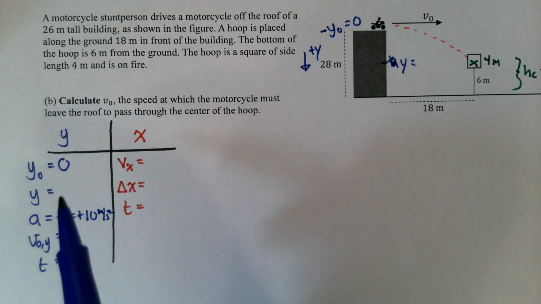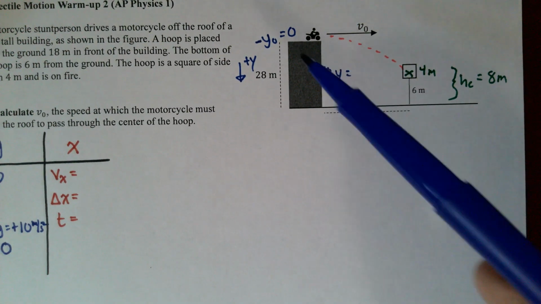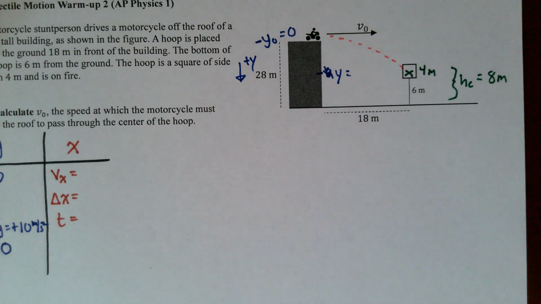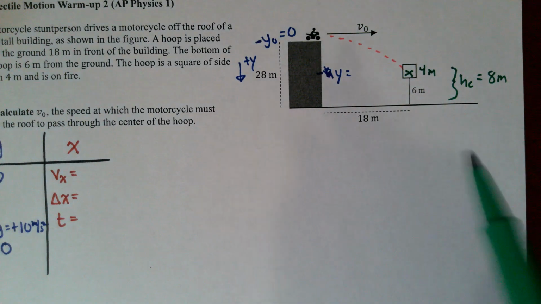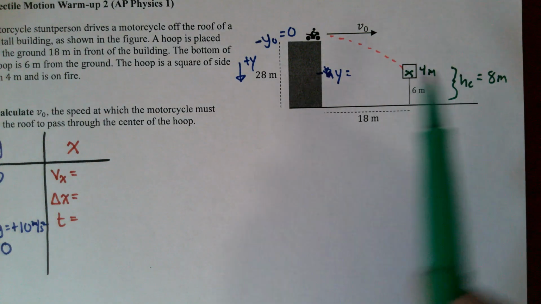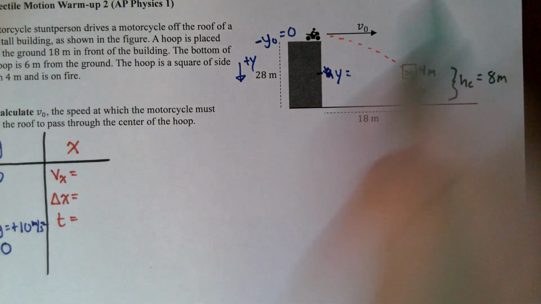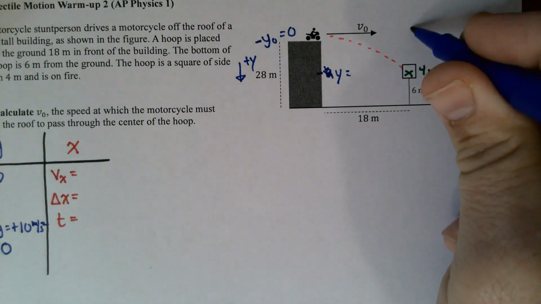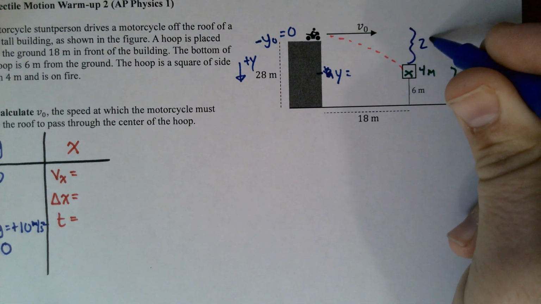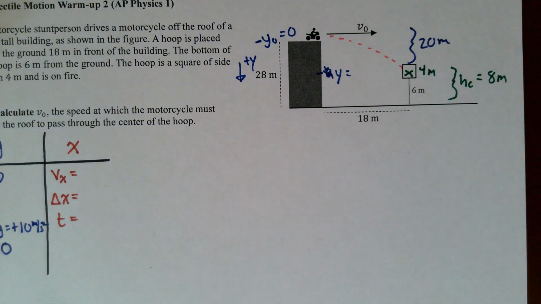So the first thing I've got to figure out is what is y? Well, if the building is 28 meters tall and my hoop center is 8 meters tall, the difference from here to here would be 20 meters. Just 28 minus 8, and that's how far my motorcycle has to fall.